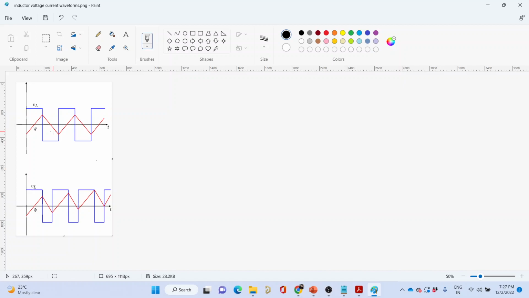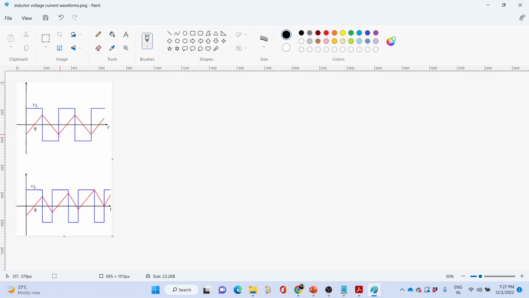What is Faraday's law? What does Faraday's law say? When you say L di by dt, there you are making an assumption that inductance is constant. Is it always constant inductance? What do you think? No, no, no. When will it change?